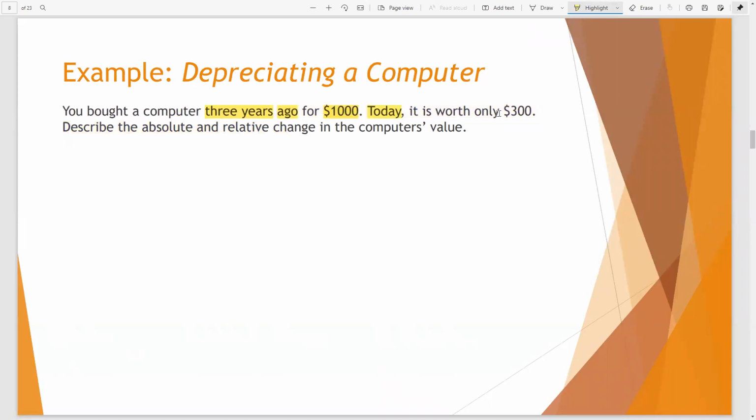And today it's worth only $300, and that is a decrease, right? So we still have the reference value of 1,000, and its new value nowadays is 300.